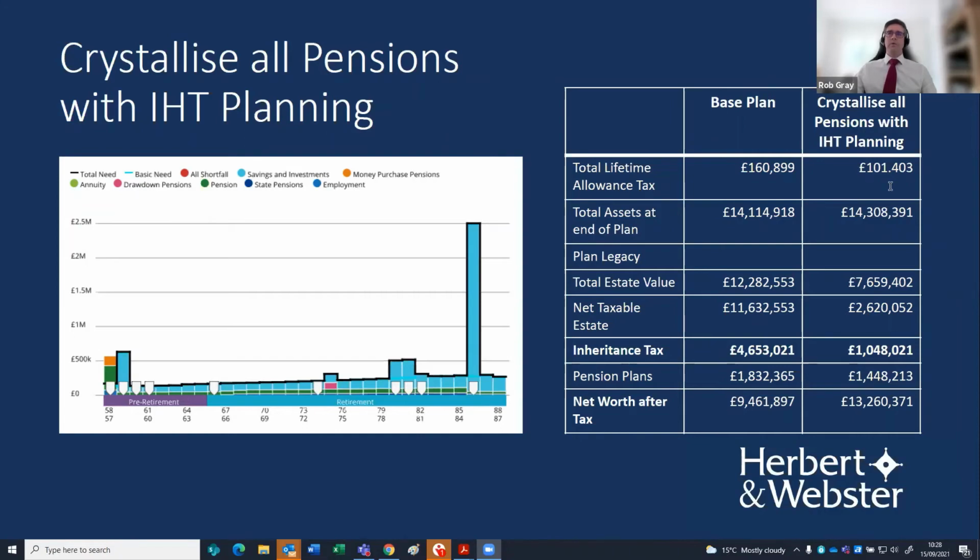And so what we talked about was that he could gift money straight to his son, and he and his wife could make gifts, and they could do that every 7 years, so that they're using their nil rate band on a regular basis to move money out of the estate, either by direct gifts, or if he didn't want his son to have too much money too early, as he'd stated, then we could use a range of different trusts to move the money in and plan it that way.